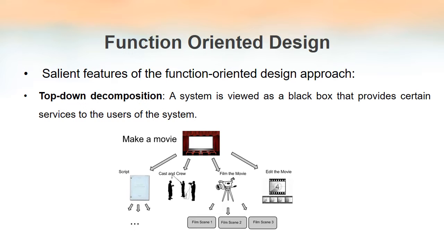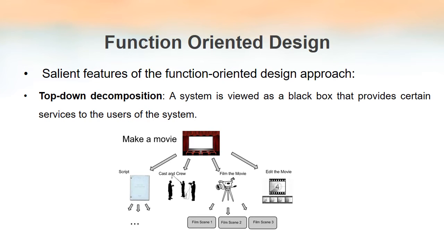So when we think about designing software, there are two approaches to think about. The first approach is function-oriented. When we are using function-oriented designing, we are designing the project or software in a top-down way. We are starting from the topmost level, then moving towards the least element. I hope you understood what top-down decomposition is.